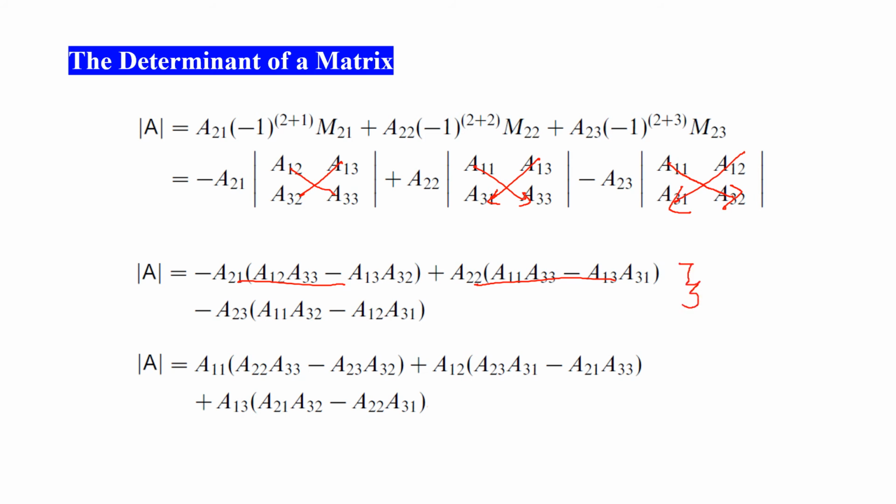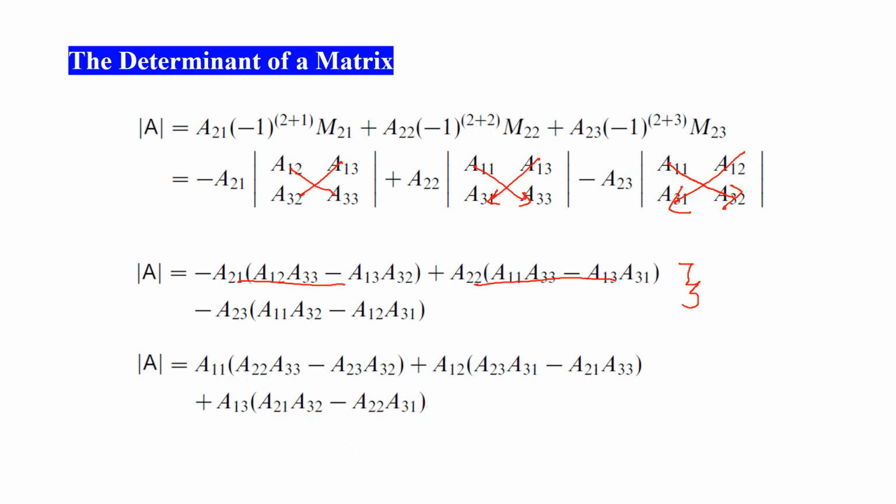And rearranging, we get the determinant of A, which is equal to A11 times A22 A33 minus A23 A32, plus A12 A23 A31 minus A21 A33, plus A13 times A21 A32 minus A22 A31.